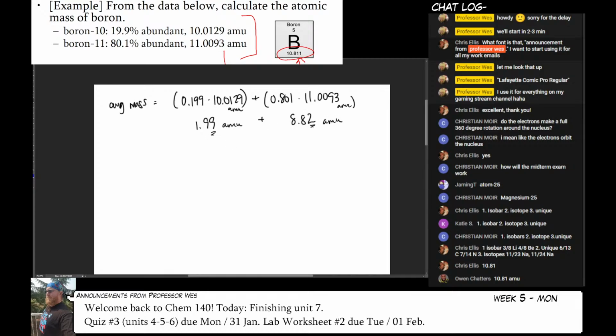And then when I do the addition, I'm going to add to the hundredths place. And the result that I get is 10.81 AMU, which checks out with the atomic mass of boron on the periodic table. So there you go. Excellent. That's the wrong window. There we go.